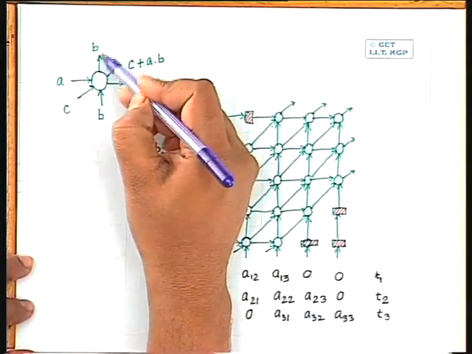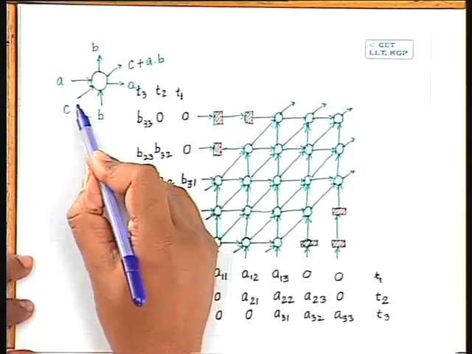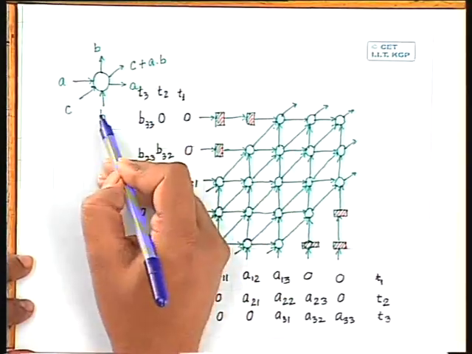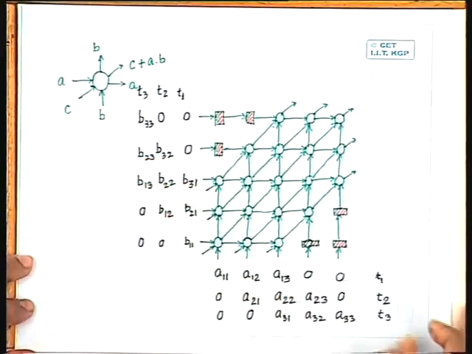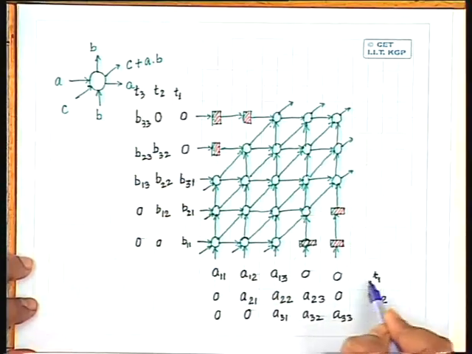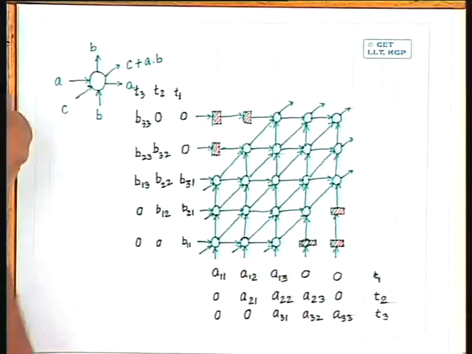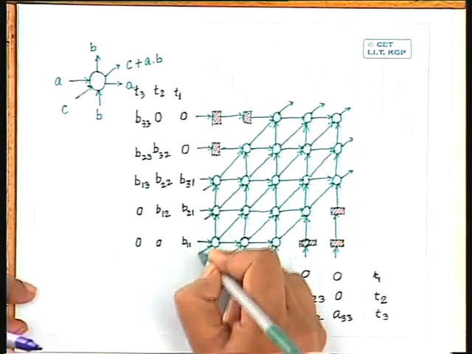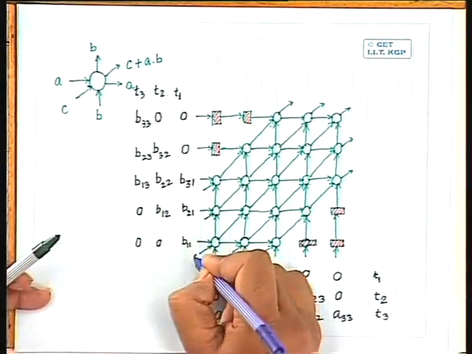It will output B in the vertical direction, whereas in the diagonal direction, it will give C plus A into B. Okay. So if we assume this, in addition to this, all these diagonal inputs are always 0. Okay. These are always 0.